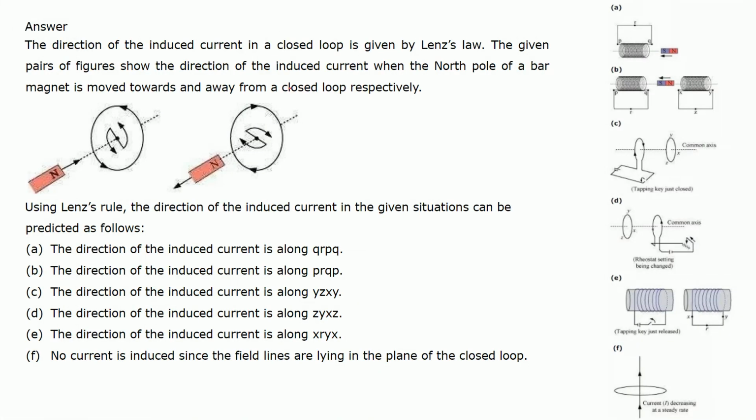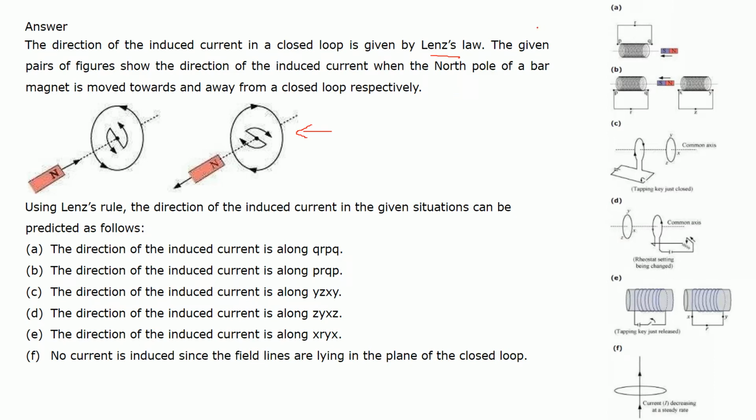First of all, we have to understand Lenz's law. The direction of the induced current in a closed loop is given by Lenz's law. Now we have a pair of figures here that show the direction of induced current when the north pole of a bar magnet is moved towards or away from a closed loop respectively.